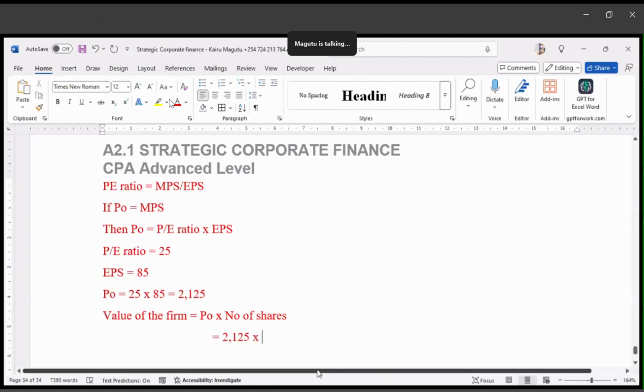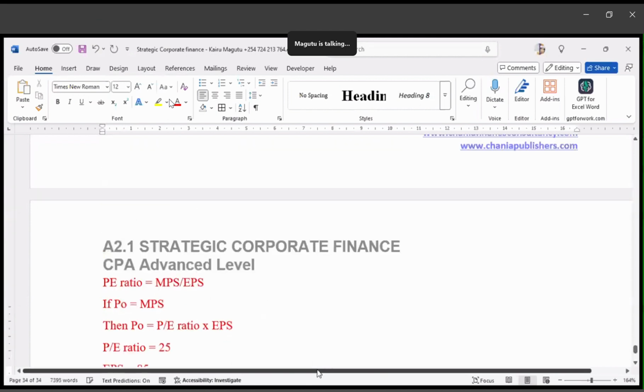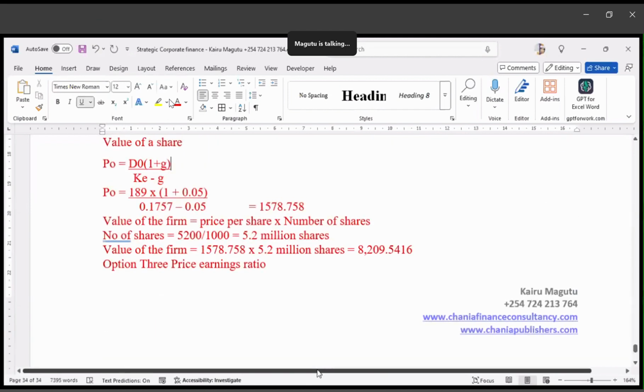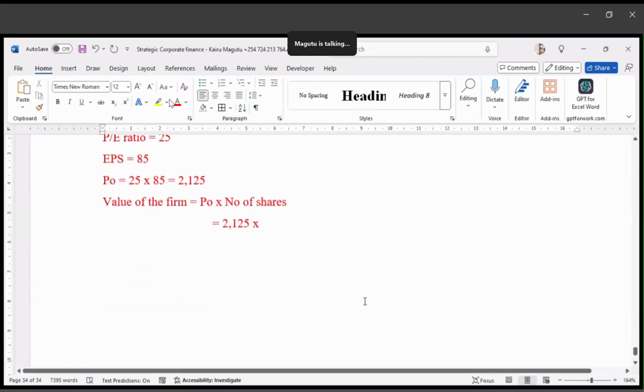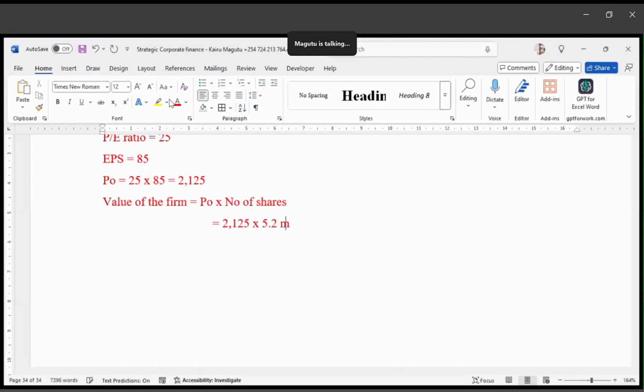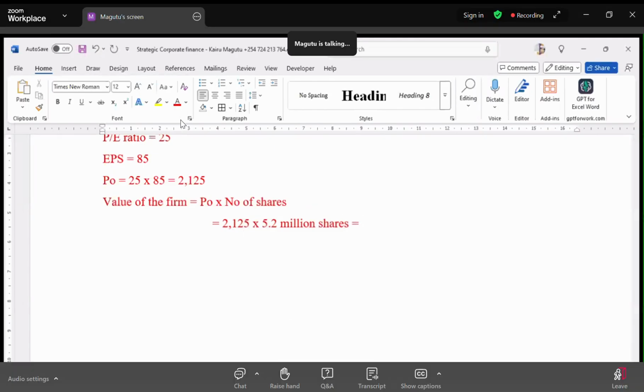We multiply by the number of shares. We had determined the number of shares somewhere. There are 5.2 million shares. So we multiply by 5.2 million shares. So what is the market capitalization using that approach?